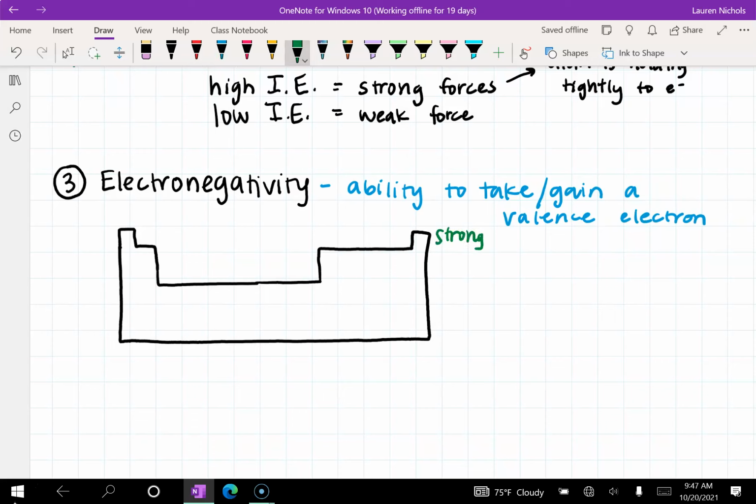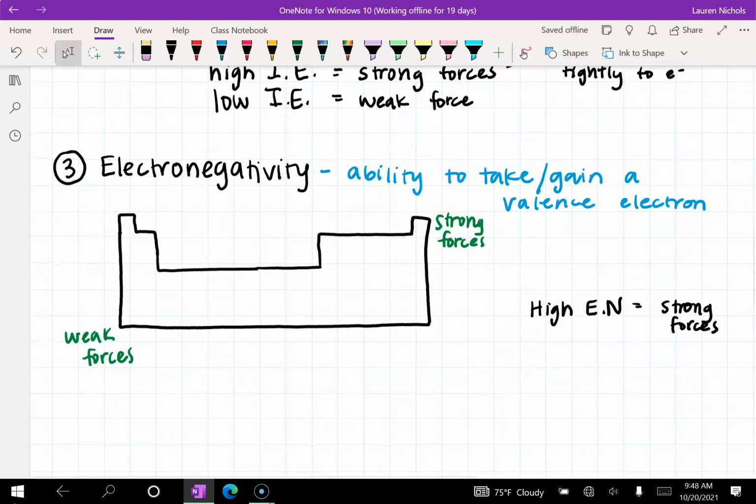So again, strong forces are in the top right and weak forces are in the bottom left, that's always the same. If I have a high electronegativity, which I'm going to abbreviate as EN, that means I have strong forces. I am good at pulling and taking other electrons.